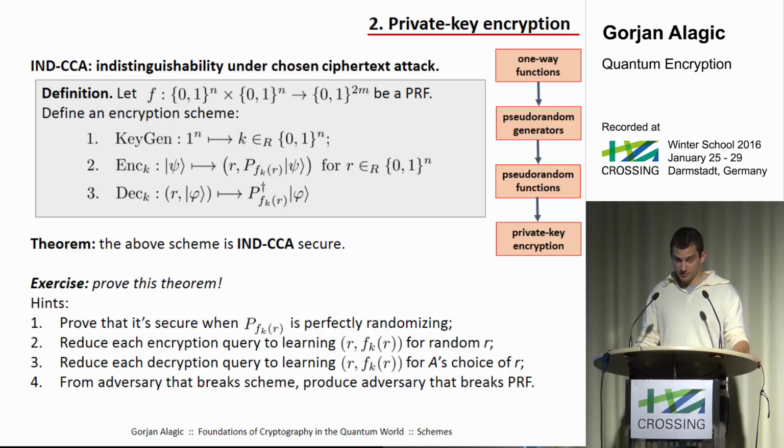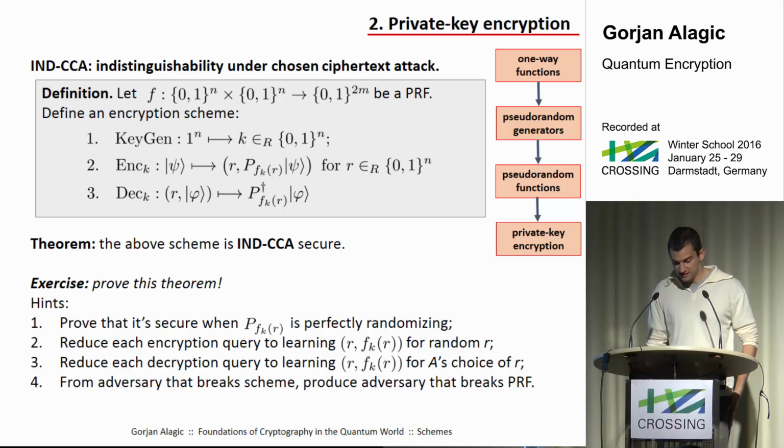Of course, we know it's not perfectly randomizing because it's controlled by a pseudo-random function, but for a start, prove that the scheme is secure in that case. The next step is to show that if you have an adversary that breaks the scheme, then that adversary must have distinguished this pseudo-random function from a perfectly random function. So this adversary must have detected the pseudo-randomness that was used. That's the general strategy.